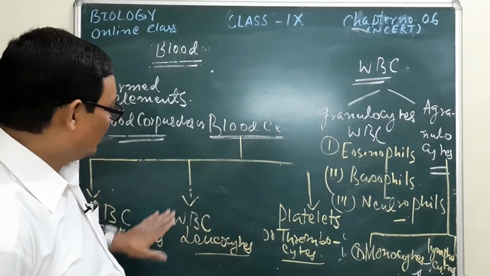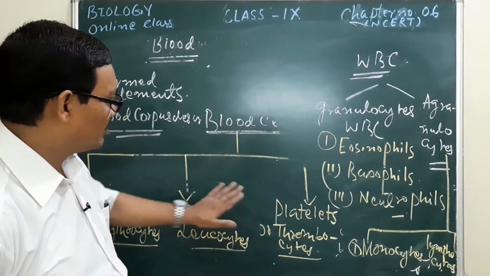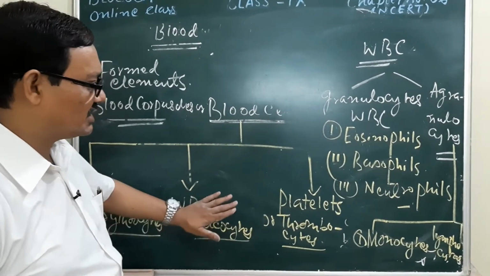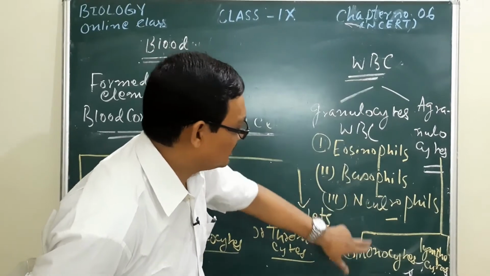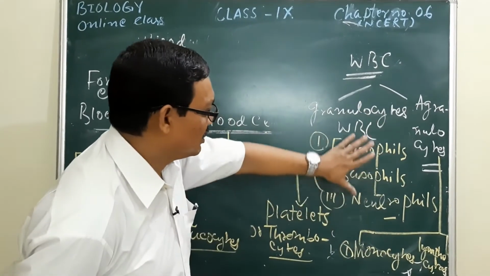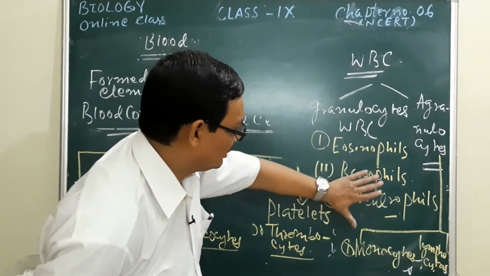It may defend us from foreign bodies. It produces antibodies. If you study each and every element of the WBC and their functions, then you will get the answers.